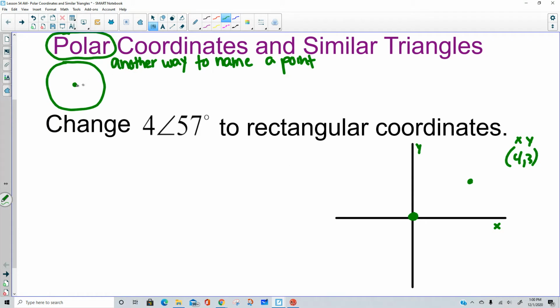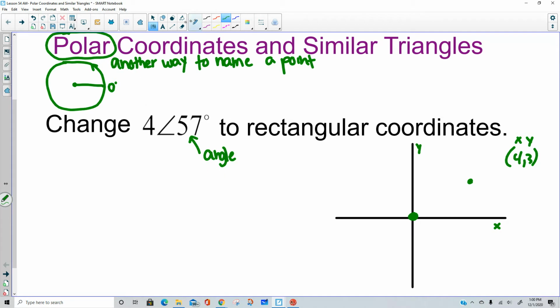So I could give you an angle. When we think of circles, we think of angles. So we always start here at due east, and we always count counterclockwise in math. So we go around. I could tell you to go find this point by traveling 57 degrees. That would be my angle.